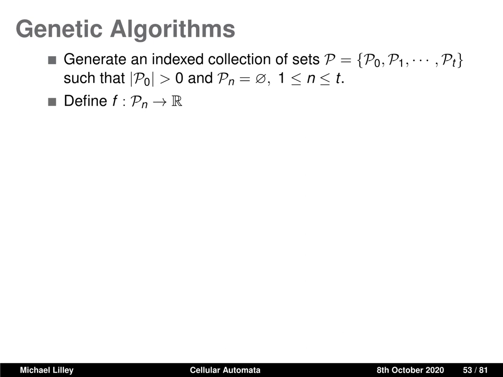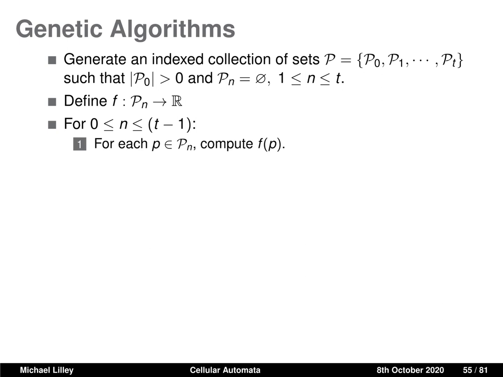Next, we will define some fitness function f of p, which maps from the strings in a set contained in p to the real numbers. Thirdly, we will perform the following process iteratively for each generation leading up to the last. First, for each k-digit string in the current generation, we will compute the fitness coefficient.